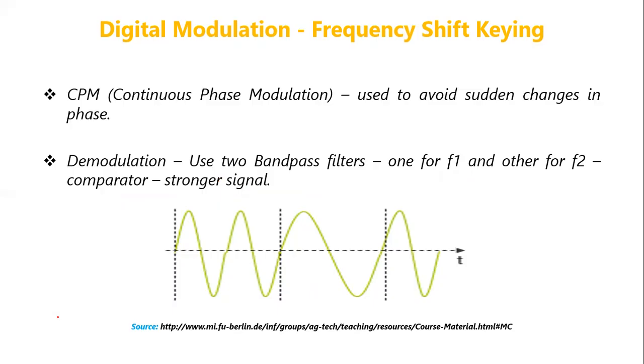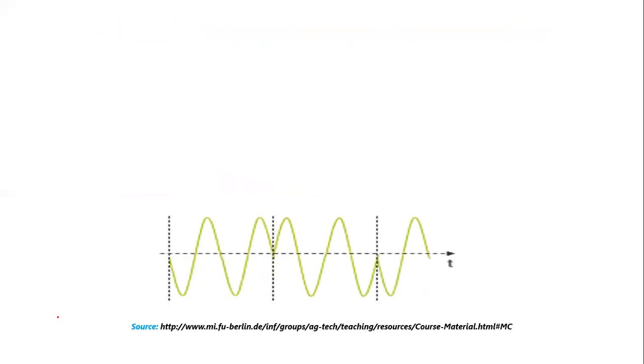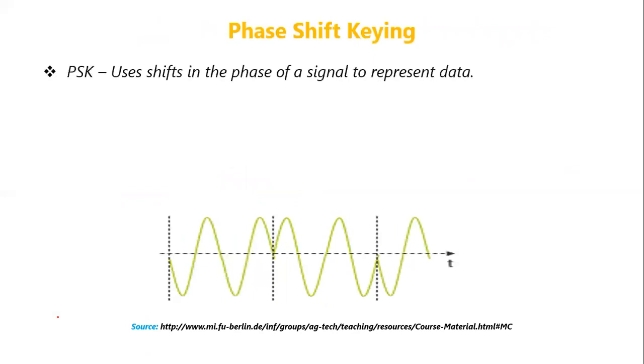Right. So the next type of digital modulation technique that we'll be discussing is phase shift keying. With phase shift keying, the phase of the signal will represent the data. Here we use the phase shift to represent the data.